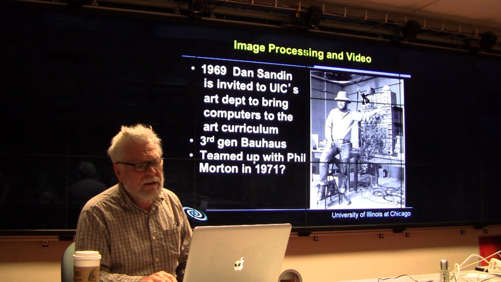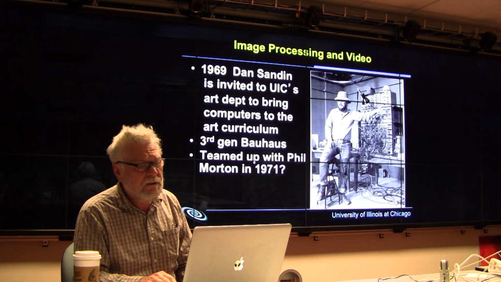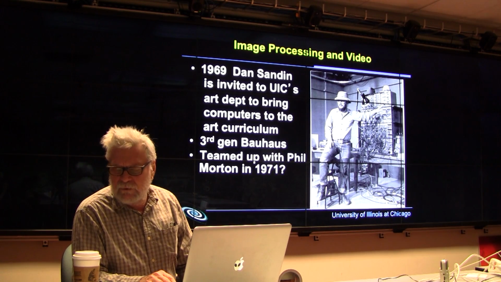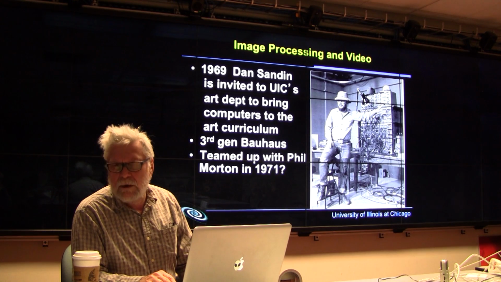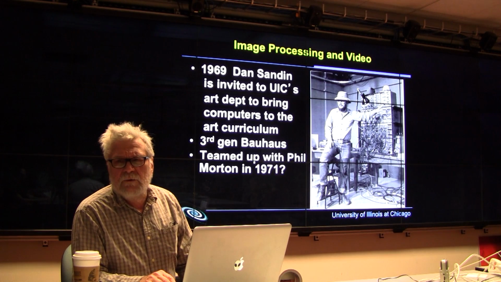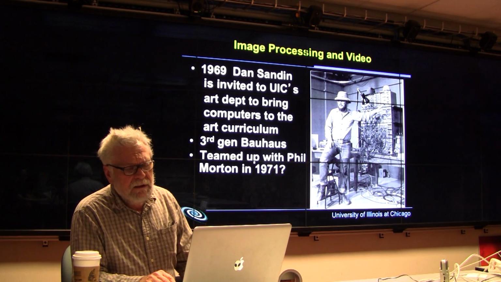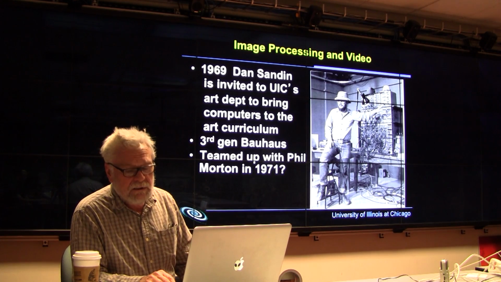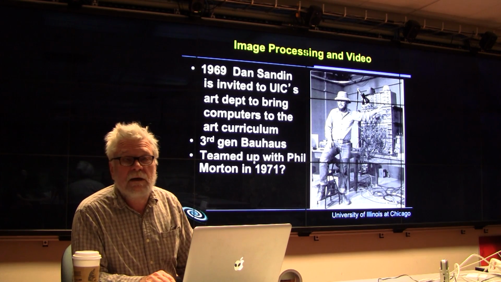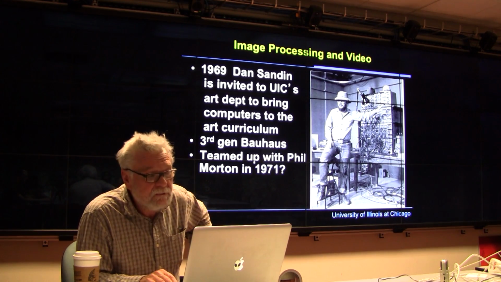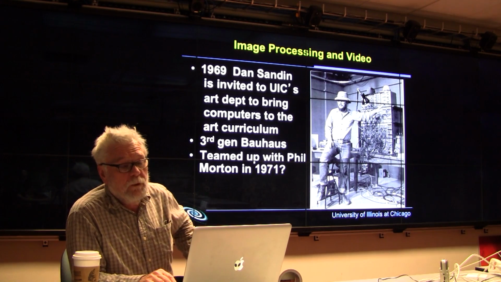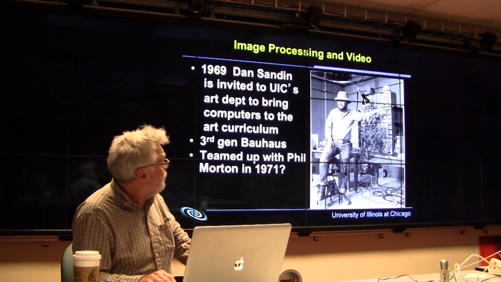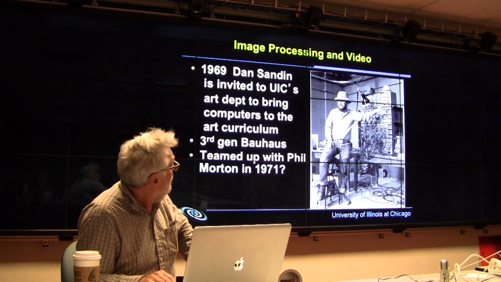I teamed up with Phil Morton in 1971, who's a very important component of this activity, and also March 7th at the Gene Siskel Film Center is going to be, and I'll check that date, but I believe that's right, a kind of retrospective or a program about Phil Morton and about some derivative works of Phil Morton, if you want to follow a little bit more in the tradition of this stuff. And Phil was a collaborator on all of the Spiral pieces, and his name is attached to all of them.